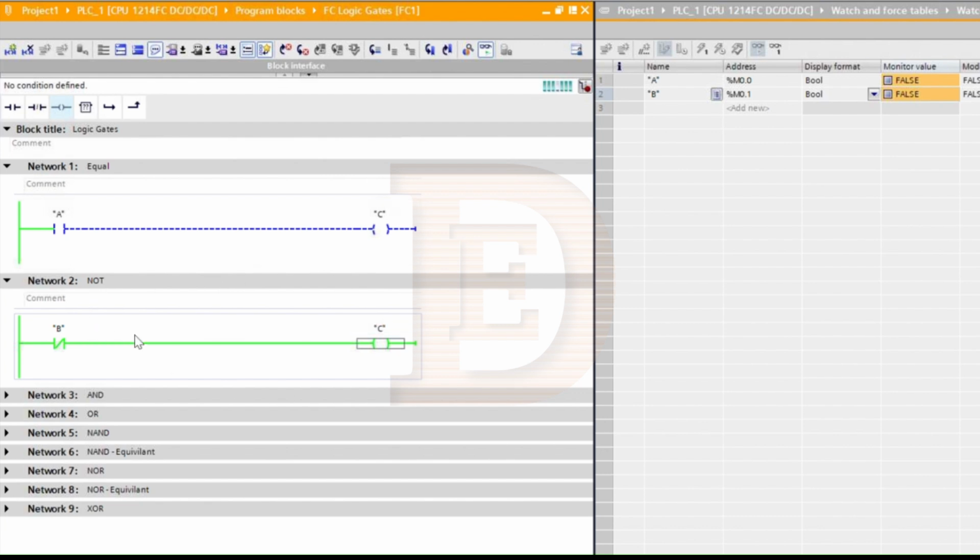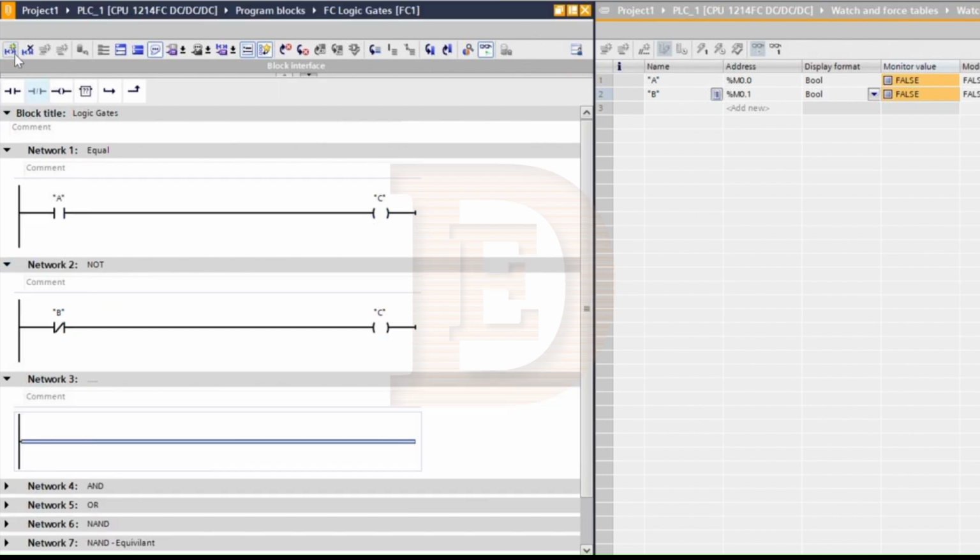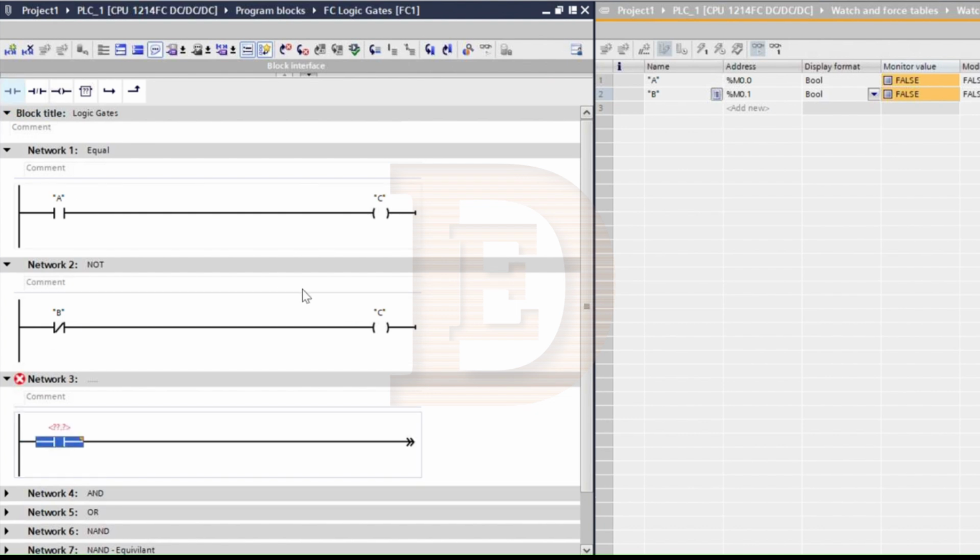Now, this same not operation we can write in a slightly different way. We're going to do a straight assignment for the input side.